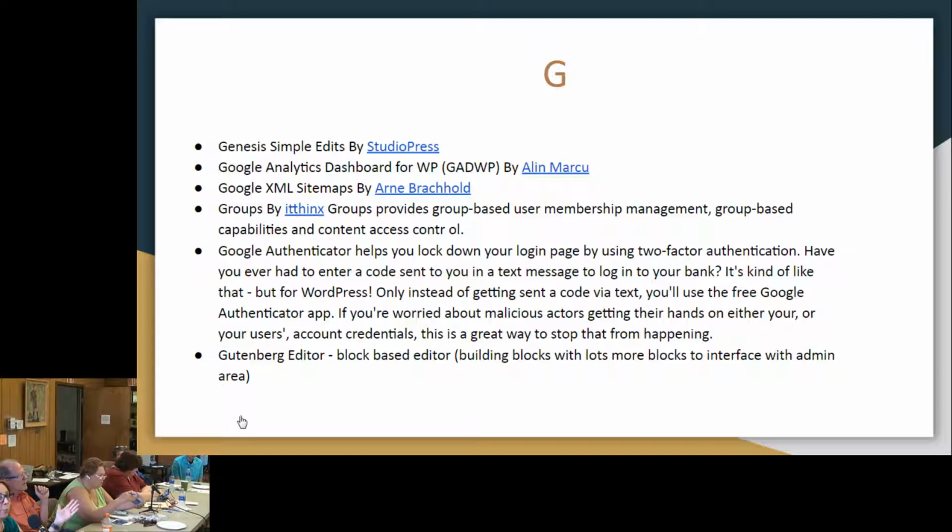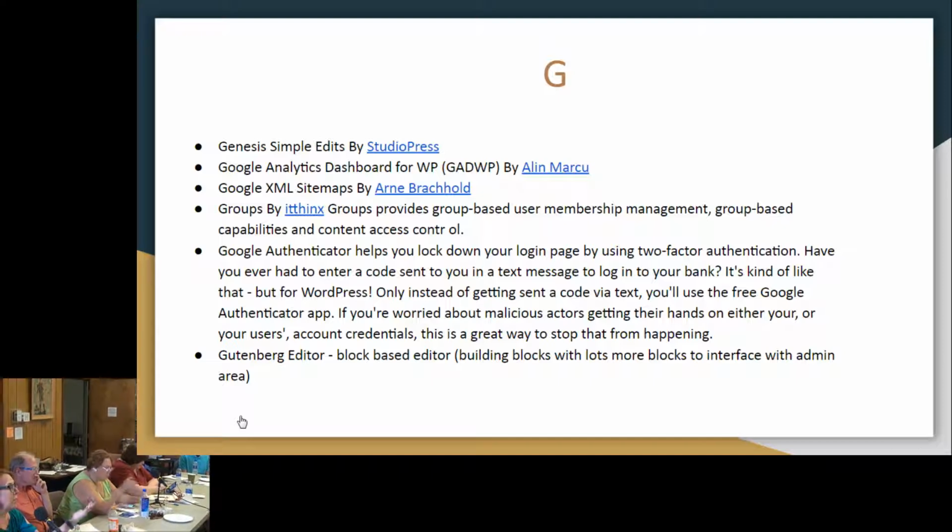All of a sudden you throw in a plugin and now nothing works. Forms aren't working. This should work. Should work is the big thing. Why isn't it working? And you have no idea. So now I have a Genesis theme, and I got this simple edit. I can go in and edit the theme, but I have the Gutenberg block editor. Will they conflict, and have you had any problems with them conflicting?